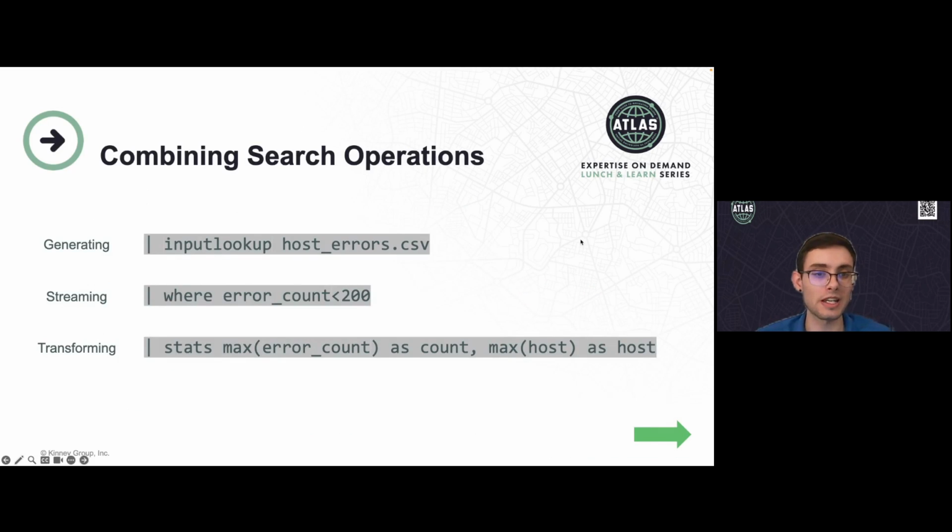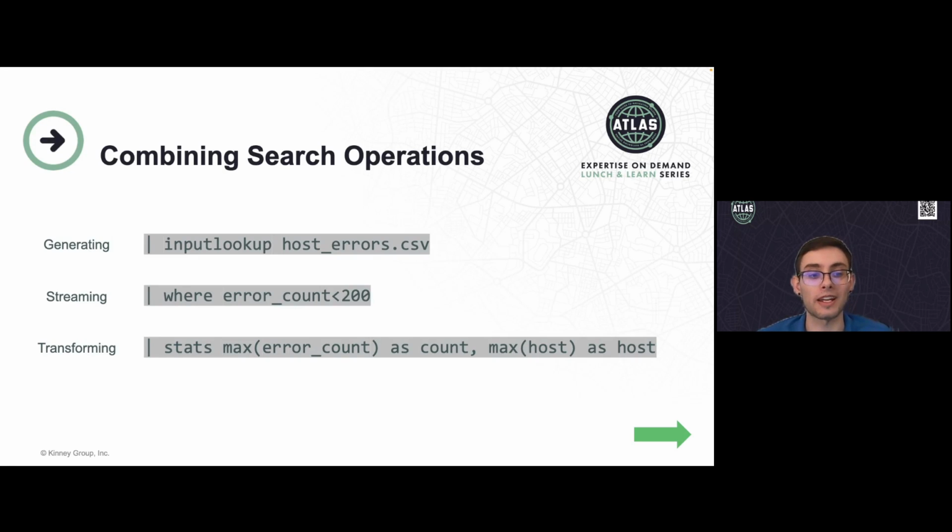So we see in this example search here that we are often combining these different types of search operations. So in this example that we have, I have data that already exists in a CSV file. We are applying a streaming command here where evaluating each line to see if we match a condition and then returning the results based on that evaluation.